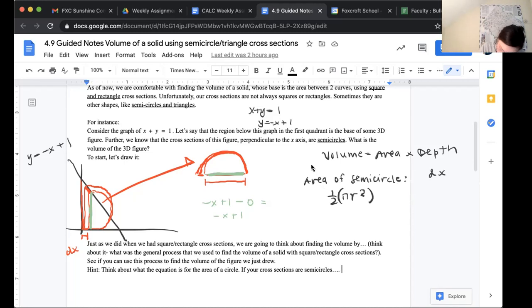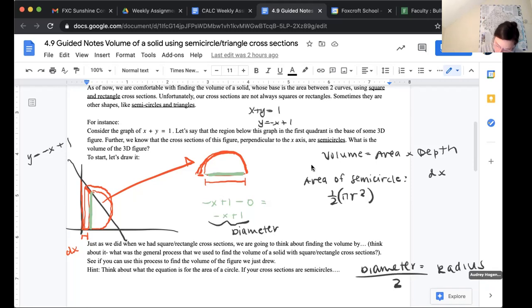And we know already that this is the diameter. And we know also that diameter over 2 is equal to radius. So if we know our diameter, then our radius is going to be that negative x plus 1 divided by 2.